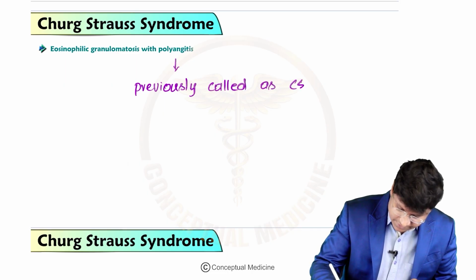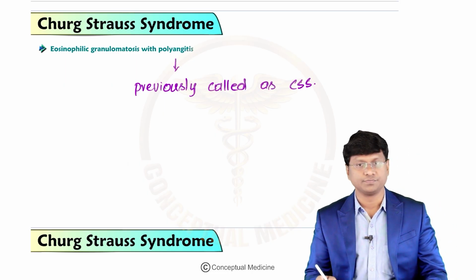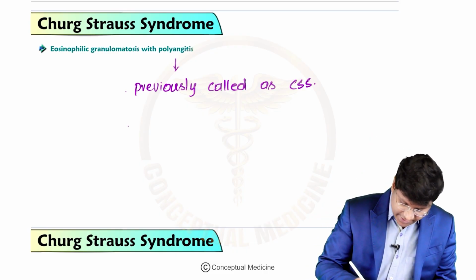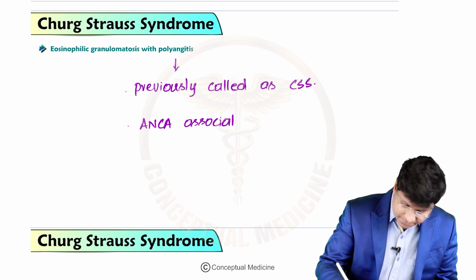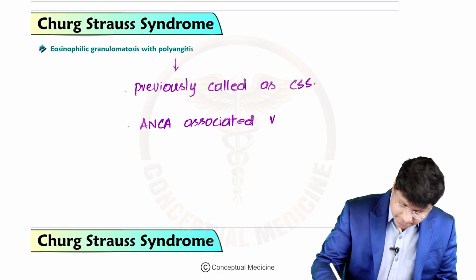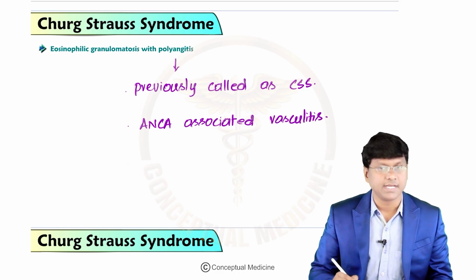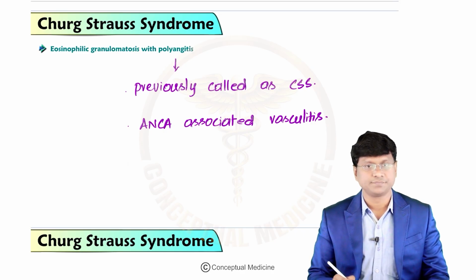Previously called the Churg-Strauss syndrome. And let me tell you, it is an ANCA associated vasculitis.